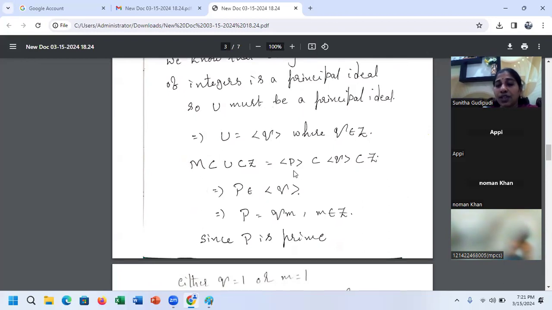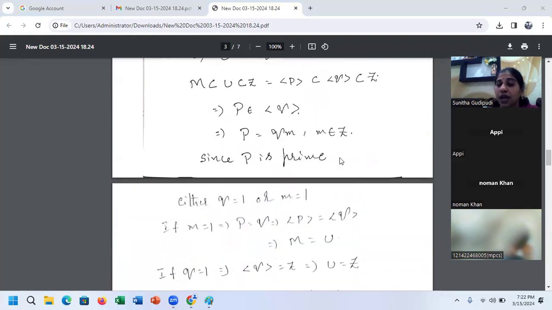So, the ideal generated by P is a subset of the ideal generated by Q, we are saying. When does that happen? When P is an element of the ideal generated by Q, meaning P belongs to the ideal generated by Q. What are the elements of this particular ideal? All multiples of Q. So, P must be a multiple of Q, meaning I can write P as Q times M.